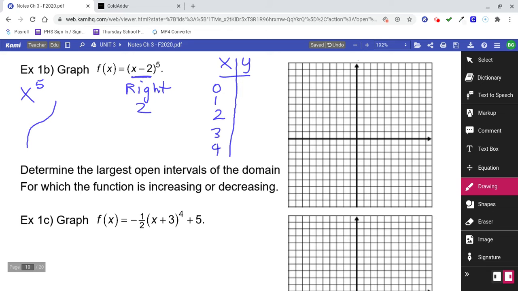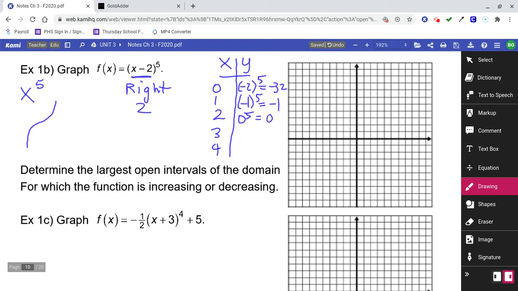So if I plug in 0, you're going to have -2 to the 5th, which is -32. Plug in 1, you'll have 1 minus 2 is -1 to the 5th, is -1. Plug in 2, 2 minus 2 is 0. You have 0 to the 5th, which is 0.